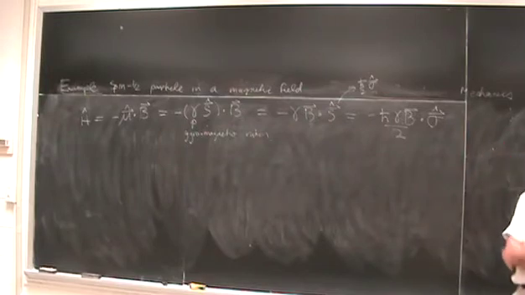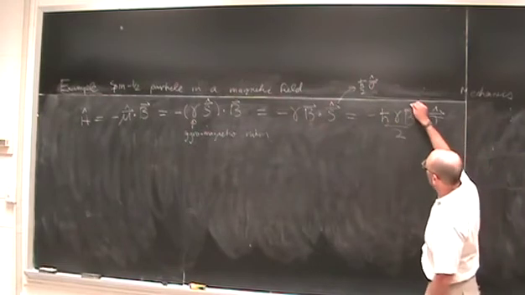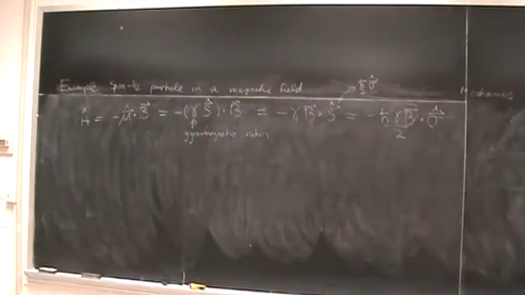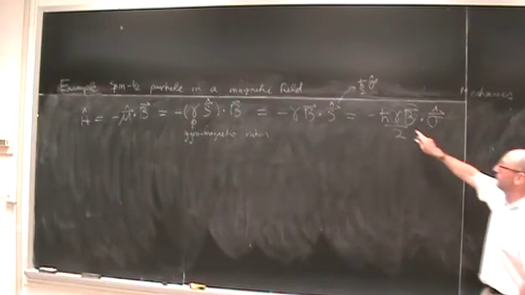This is an energy. If this is an energy, and this is h bar, what does this have to have the units of? H bar something is energy. Per second. H bar per second, H bar omega, right? H bar omega is energy. So this is a frequency.